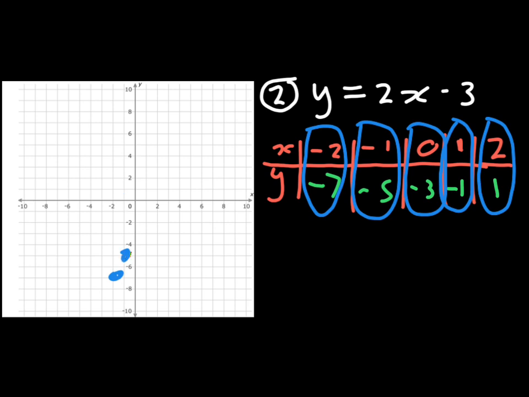Our next point would be 0 and -3. So x equals 0 is the same as just our y-axis, and where y equals -3, we can then put our next point. And as we can see, our graph is already taking a little bit of shape, right?